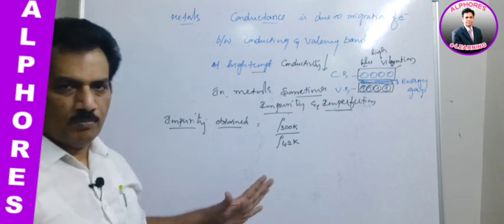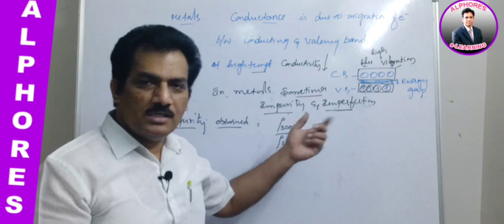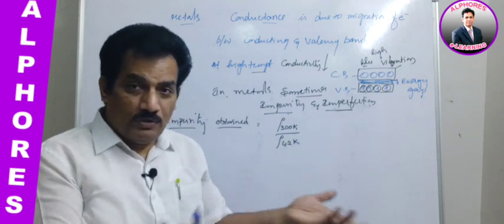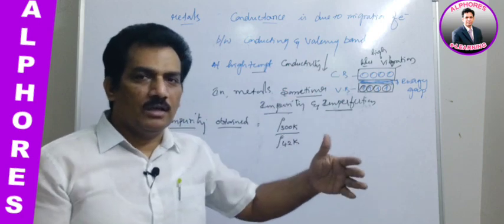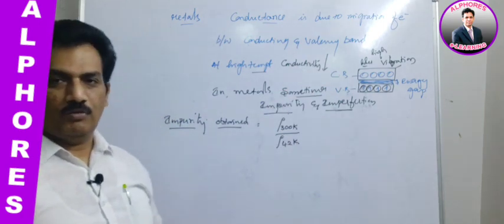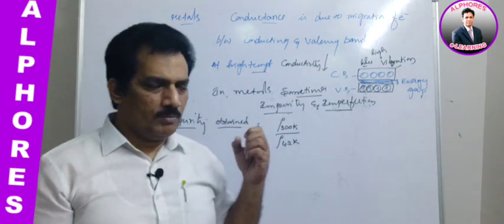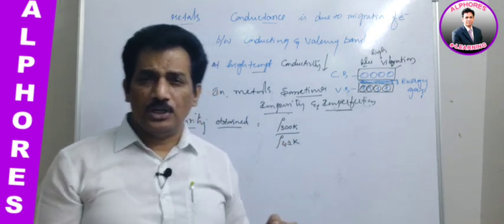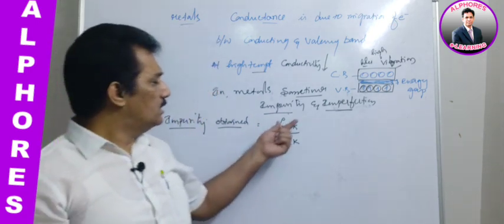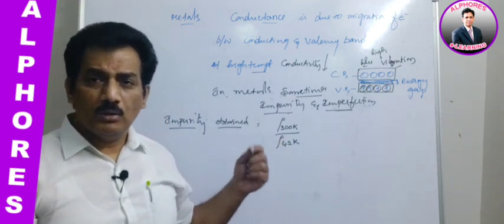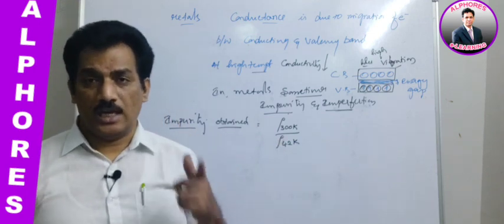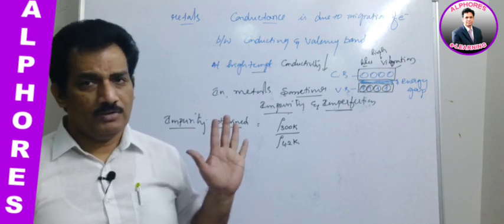Clear? It is fixed. As the impurity increases, automatically the conductance ratio will increase. So with that ratio increasing, we can find how much impurity is present. The parameter to find the impurity in the metal is the conductance ratio at 300 Kelvin to 4.2 Kelvin. Are you clear with this one?